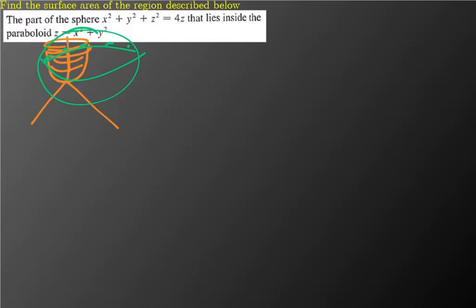So this is a sphere that's going to go above and below the XY plane, but we really only need to consider the upper half of the sphere. So we really should complete the square and get the positive square root case to start this problem.